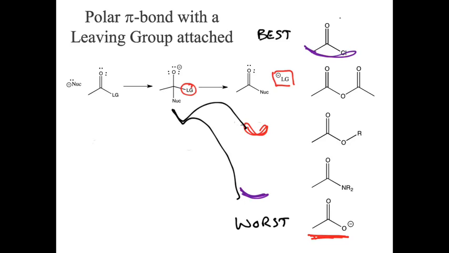I don't care about the second step yet. I need to achieve that intermediate. What about those structures allow me to achieve that intermediate faster? Looking at the speed of the second step doesn't help. Do you have to look at your electrophile? We have to evaluate the electrophile, yes. So let's compare.